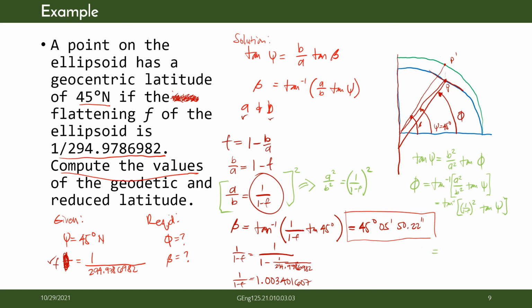So if you continue to solve this one, okay, that would be equal to, okay, so this would be equal to 45 degrees 11 minutes 40.44 seconds. So that is your answer. Okay.